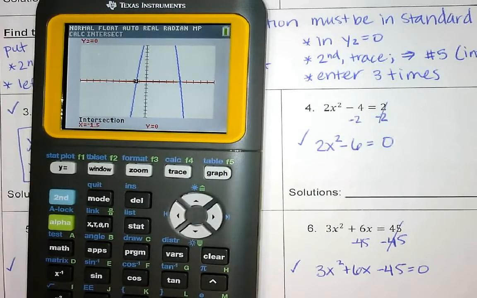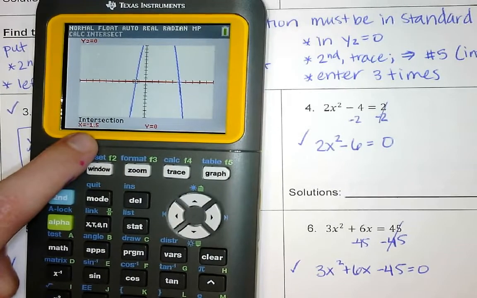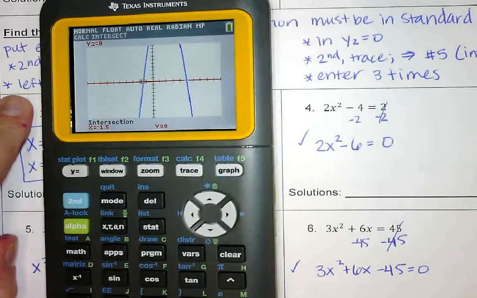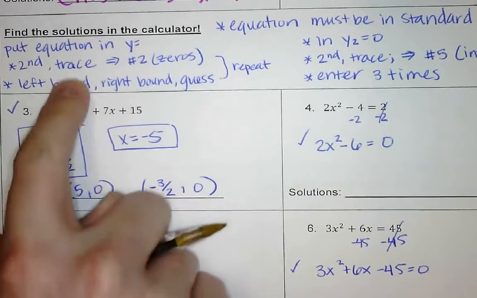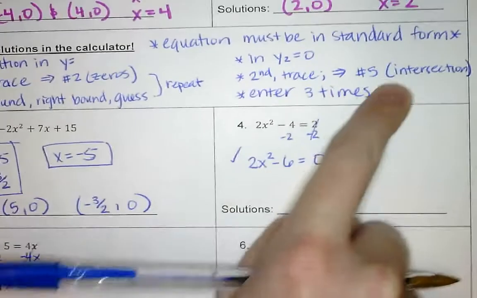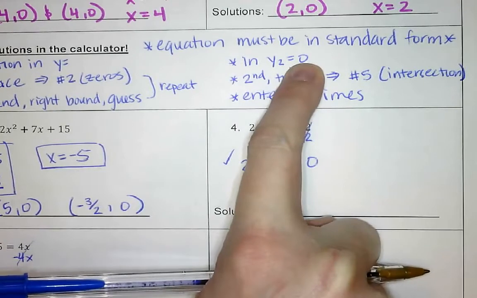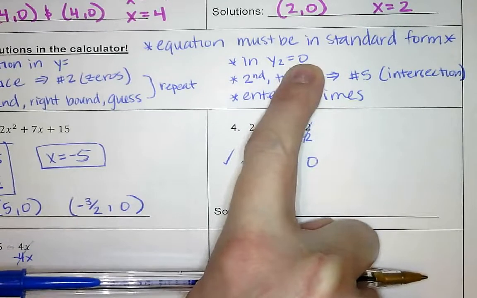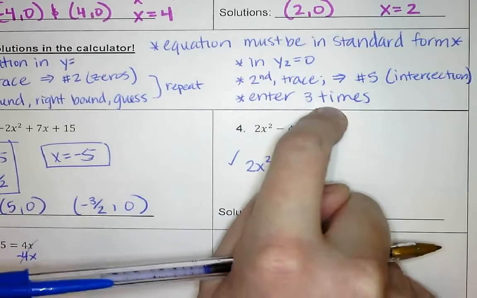So, y'all, you can do it 2 separate ways, with the second trace zeros or second trace intersections. But if you do it with the intersection, you have to make sure your y2 is equal to 0. I'm going to be honest, I actually prefer it this way because I don't have to do the left boundary and the right boundary thing, all right?